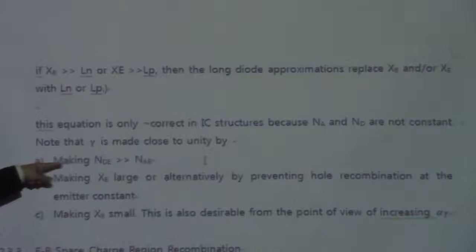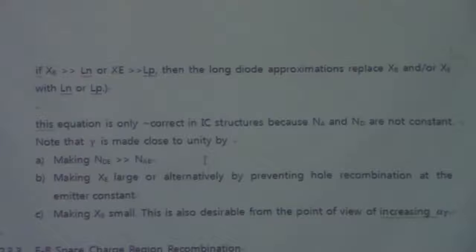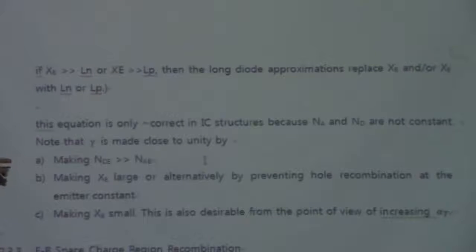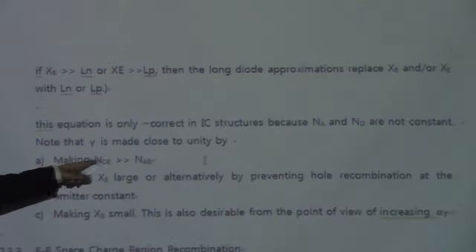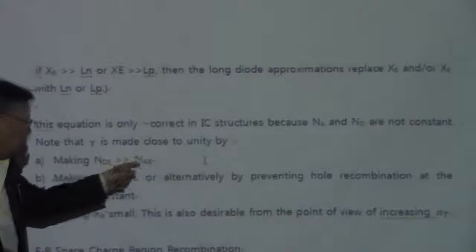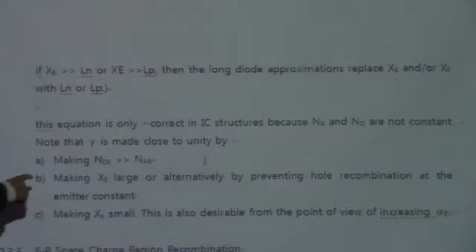Well, if you want to have a large gamma, the injection efficiency, we have to make the emitter dopant concentration very much larger than the base concentration. And this is typically done.